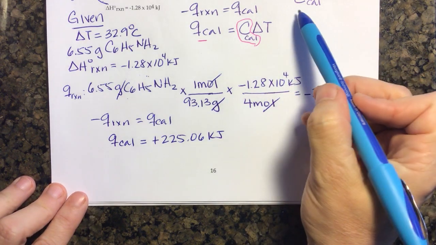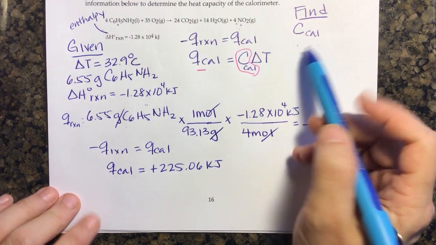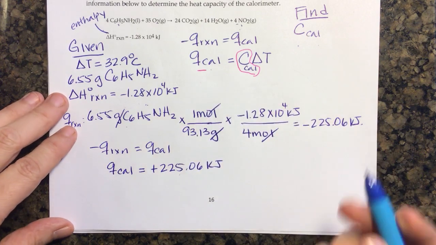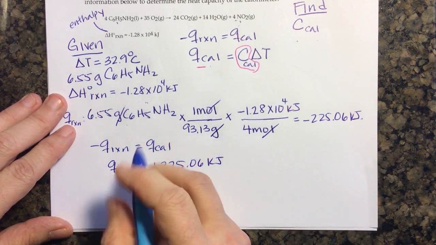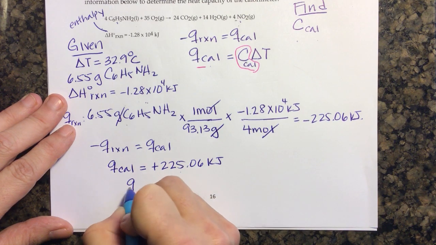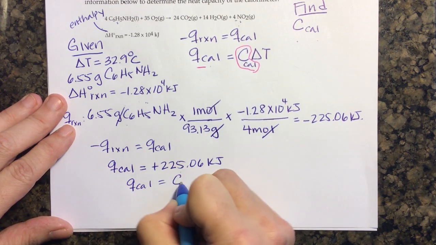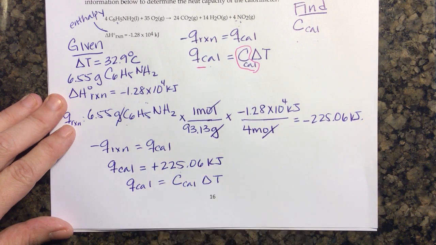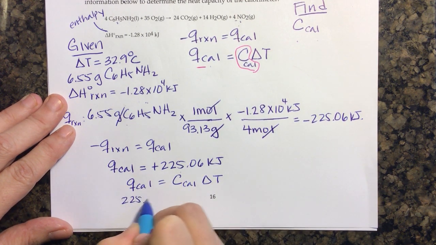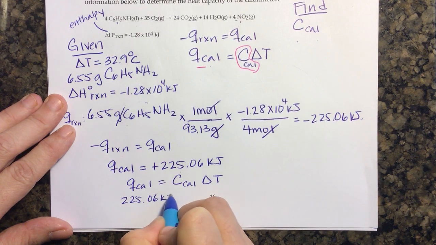Well, I still just need to find our heat capacity, but I have our Q cal, and I have our delta T. So now I can set up the formula. Q cal equals our heat capacity for our calorimeter times our delta T. Well, we know this is 225.06 kilojoules.